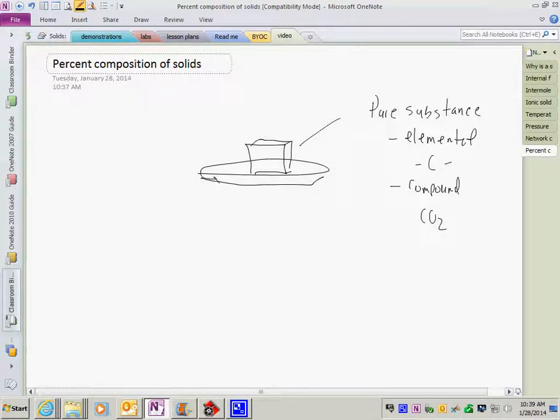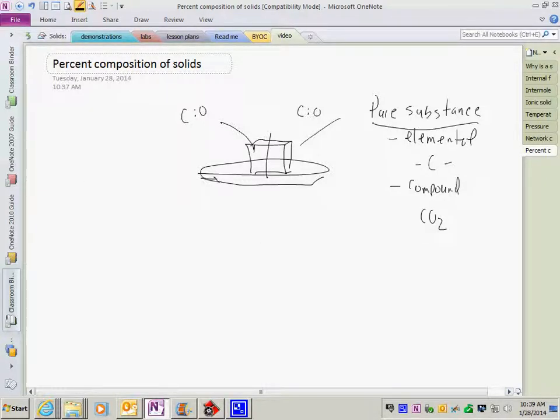Either way, the composition of that substance is the same throughout. That's the definition of a pure substance. If I split it in half, I have the same ratio of carbon to oxygen on this side as I do on this side. Sample size does not matter for the percent composition of a pure substance.